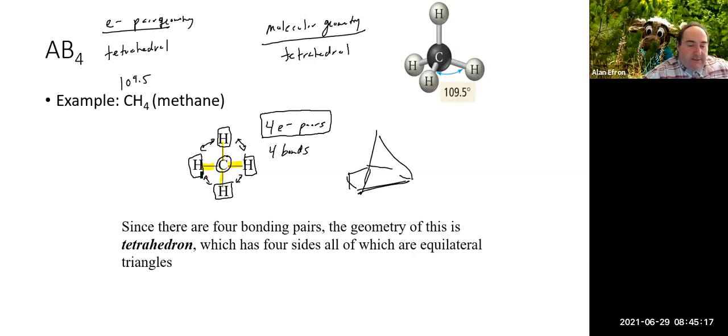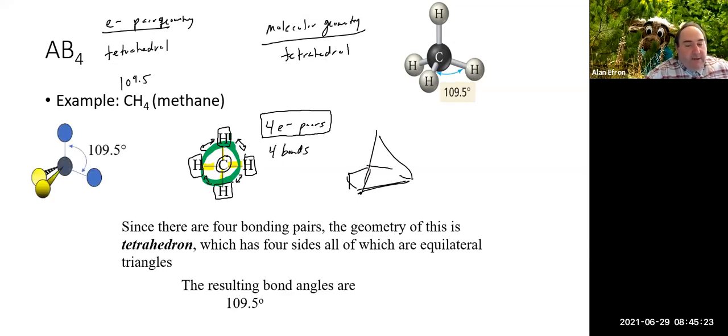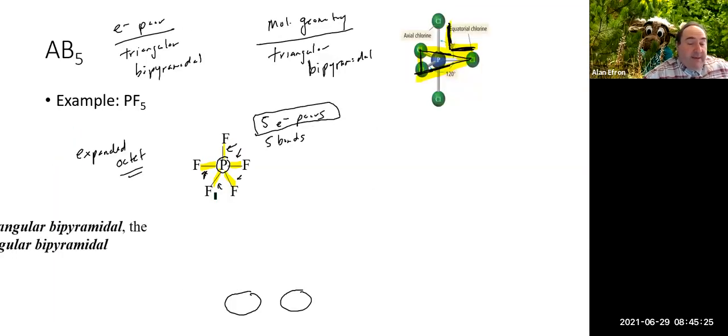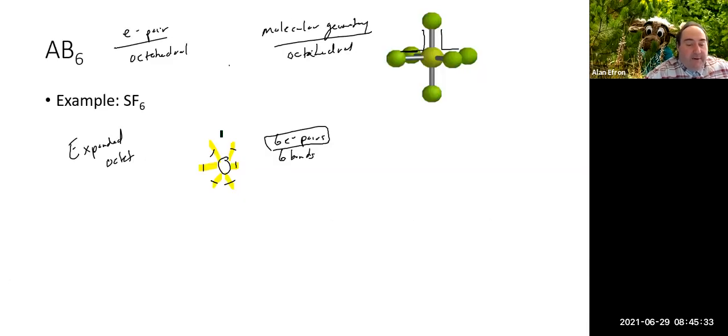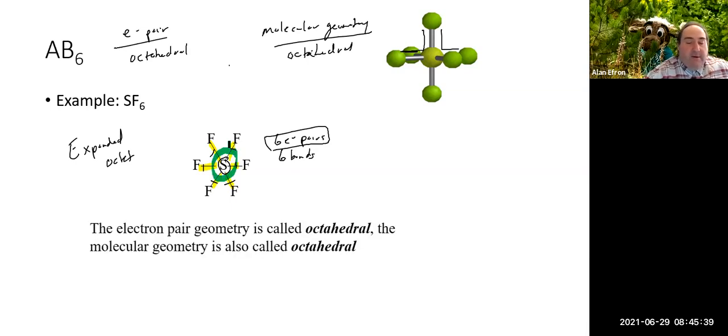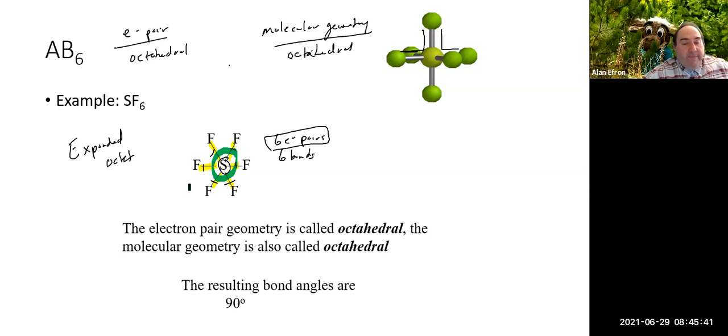Same thing when we looked at this one. When we look around the central atom, no dots around the central atom. All the electrons there were bonding electrons. Same thing here with our expanded octet: absolutely no dots around the central atom, all bonding electrons. And finally here, again, all bonding electrons around the central atom, no non-bonding electrons involved.